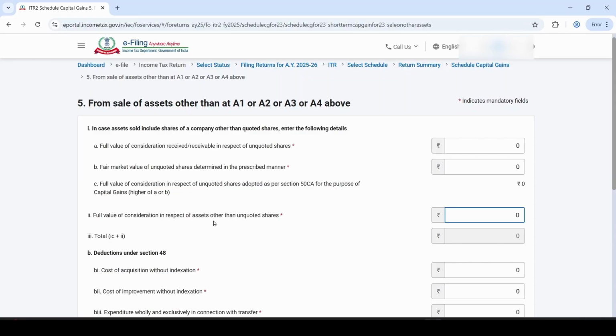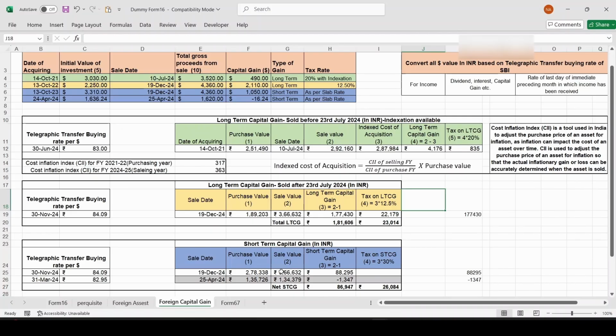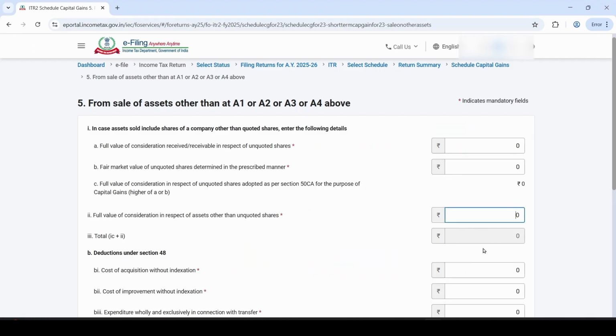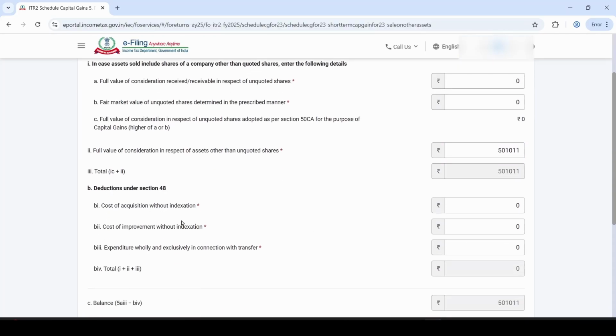So our total sale value is, we can provide consolidated data. So total sale value is 5,01,011. Now we need to provide cost of acquisition, that is purchase value.